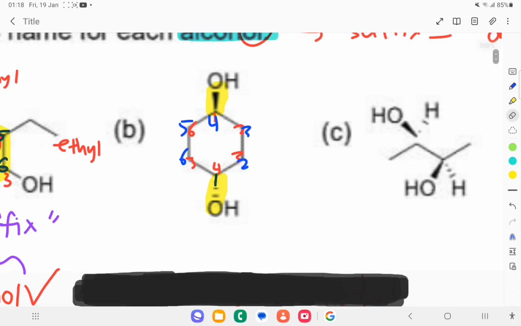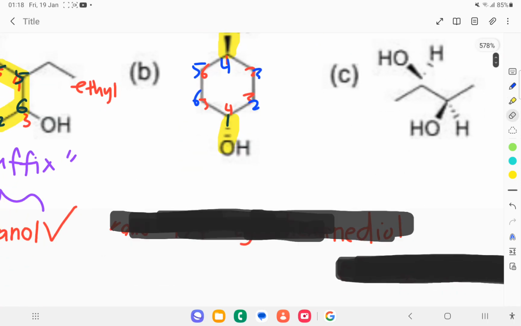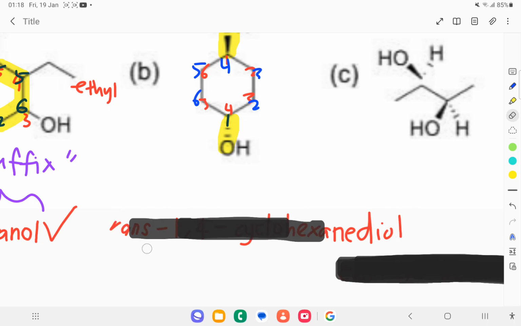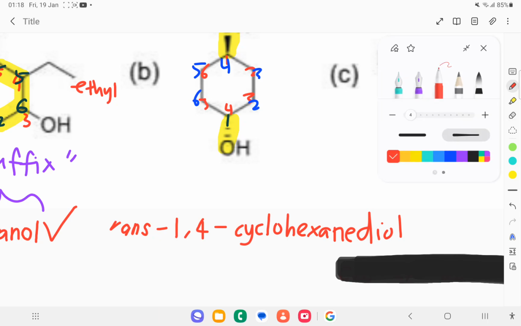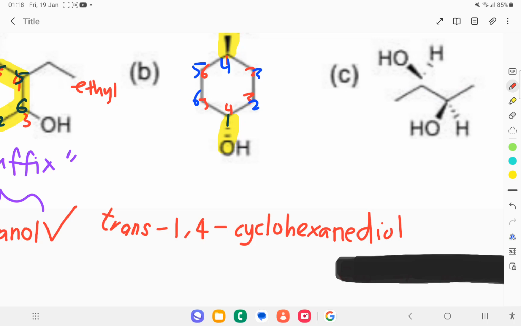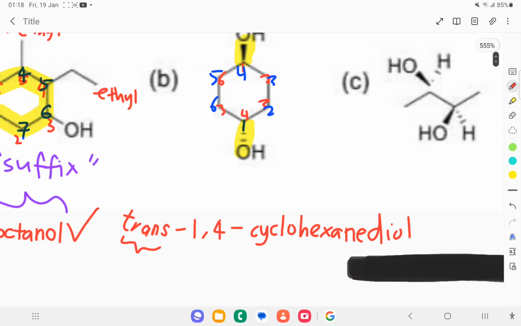The final answer will be trans-1,4-cyclohexanediol. The trans must be italic. Trans dash 1,4 dash cyclohexanediol.